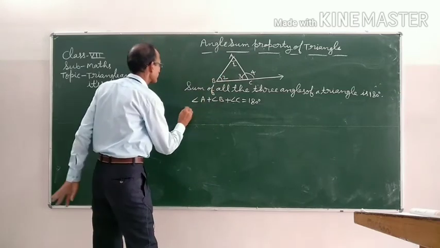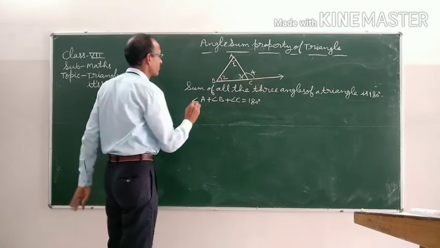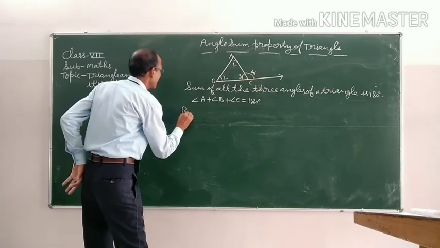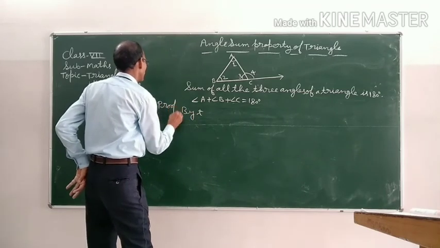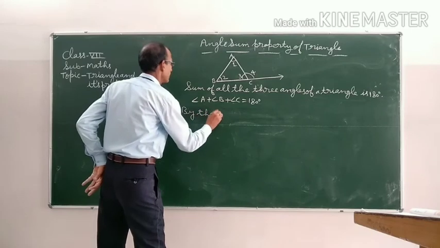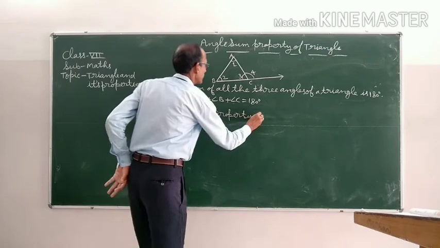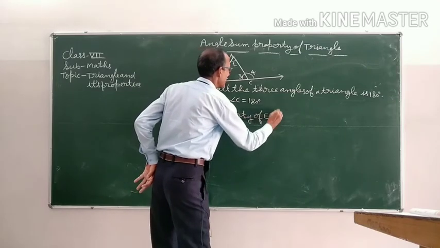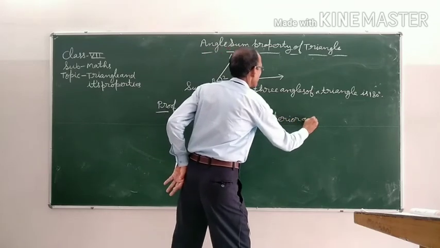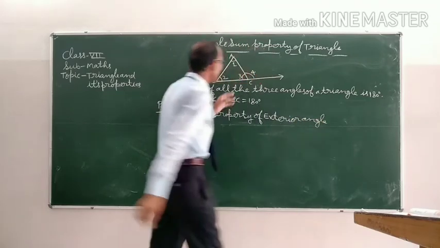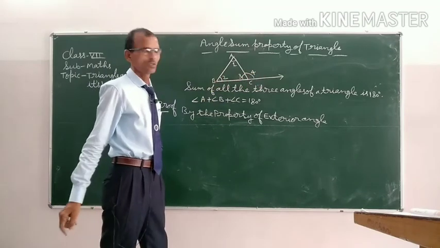So, this exterior angle, we know that by the property of exterior angle, exterior angle equals the sum of interior opposite angles.